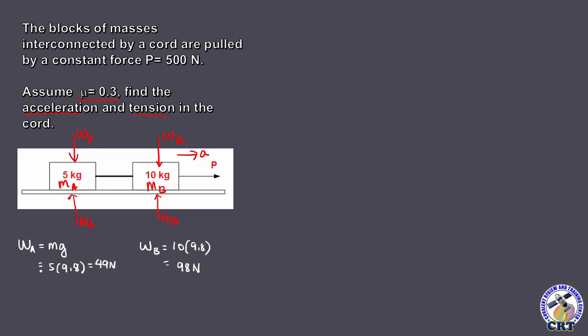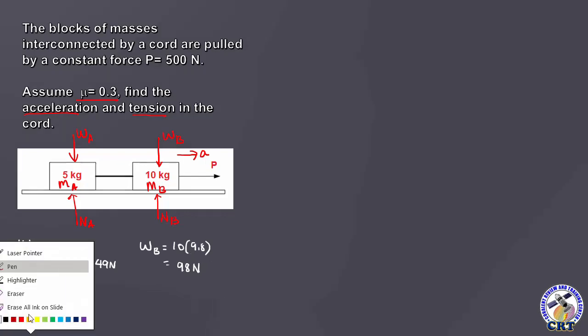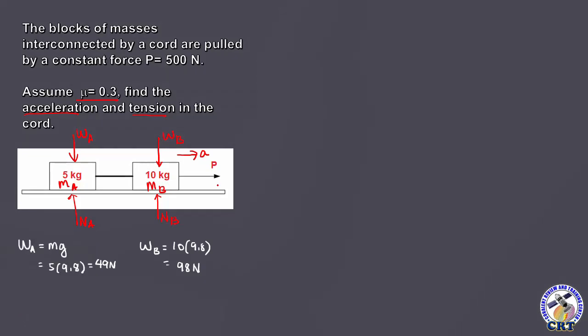Next. The direction of the movement is to the right. Therefore, the friction is opposite to the direction. With respect to mass A, there is a frictional force going in this direction represented by Fa.